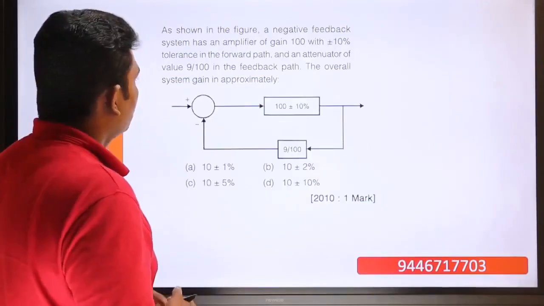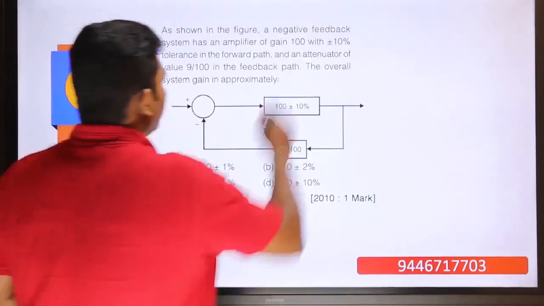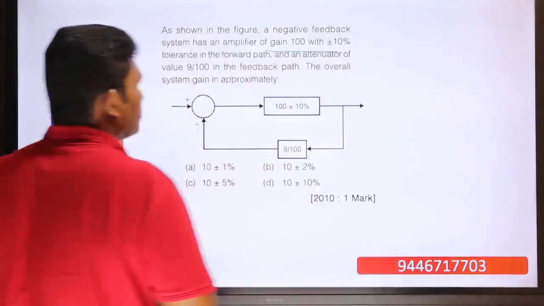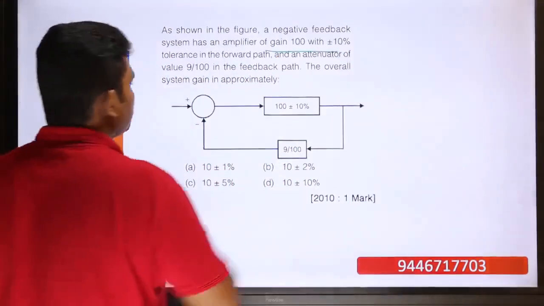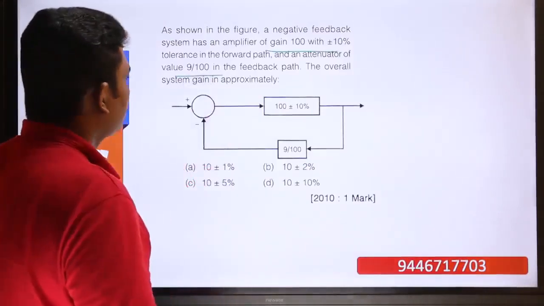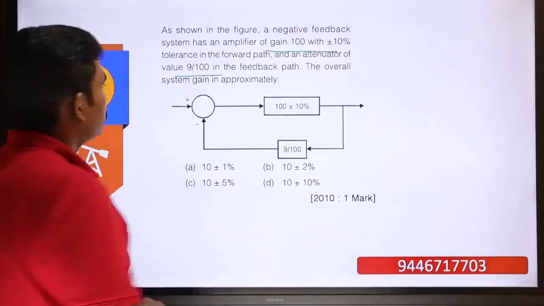Okay. Moving into question number 3. As shown in the figure, a negative feedback system has an amplifier of gain 100 with a plus or minus 10% tolerance in the forward path, and an attenuator of value 9 divided by 100 in the feedback path. The overall system gain is approximately what is the question.